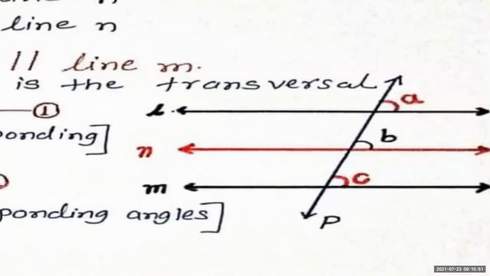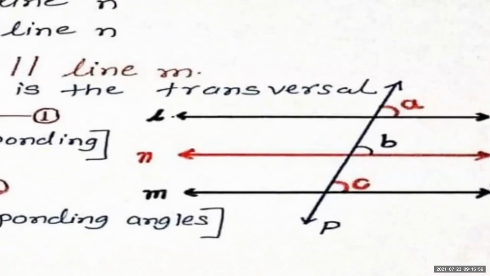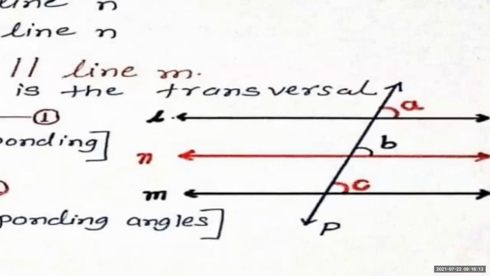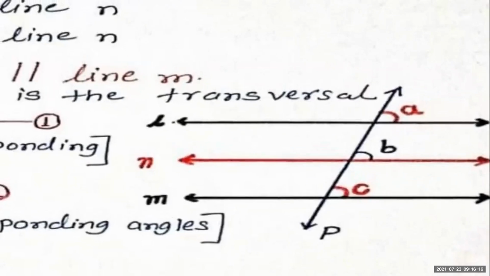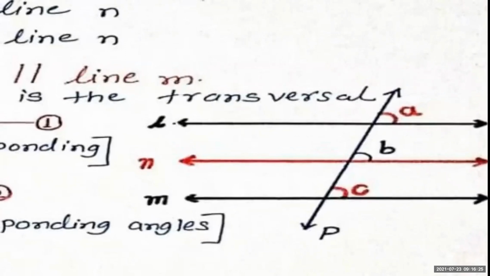Each line, the line L, and the red line in the middle, you can see here, line L is parallel to line N, and line M is also parallel to line N. So in this case, the two black lines, line L and line M, are also parallel to each other.